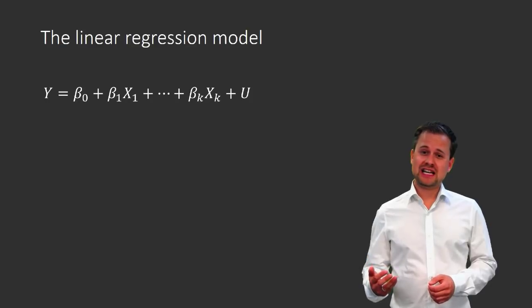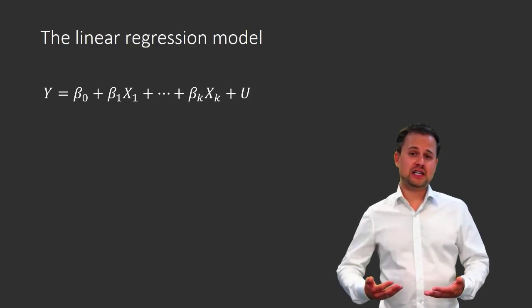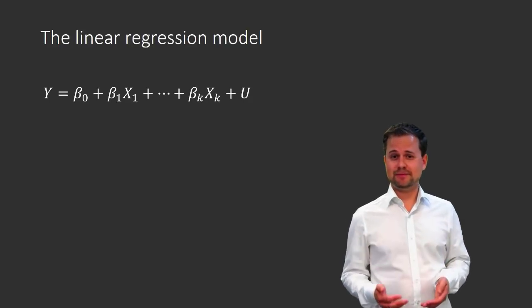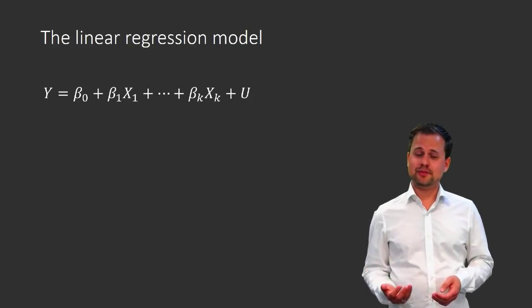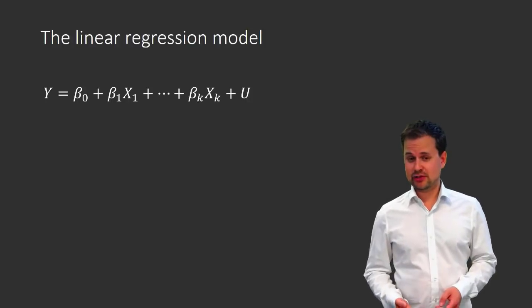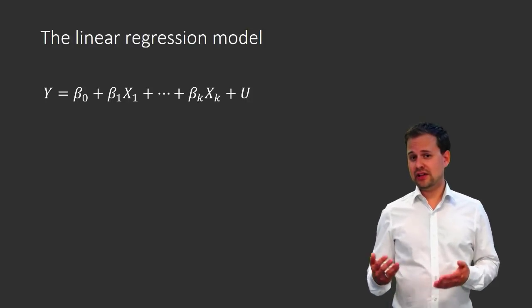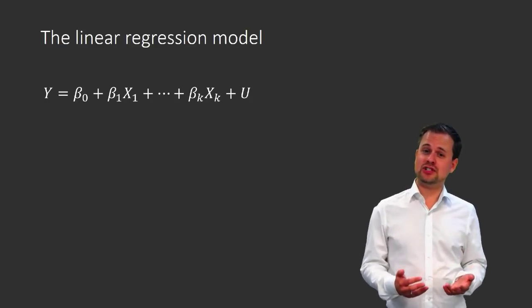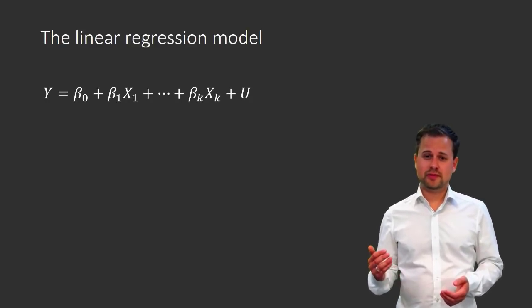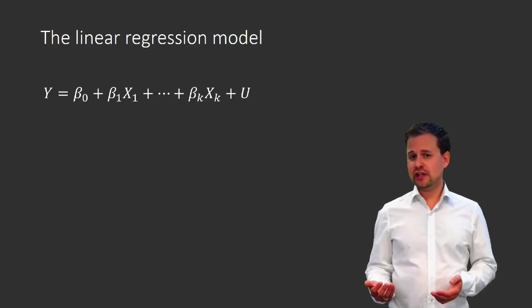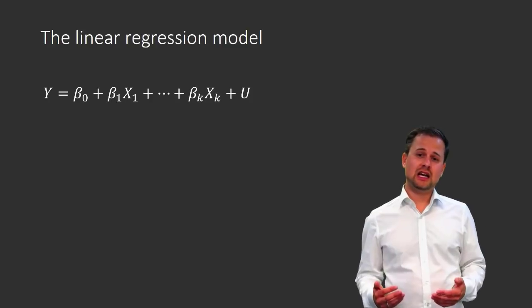So u gives us the combined effect of all unobserved inputs on the production of y. For example, the outcome y could be exam scores on an econometrics exam, and then the regressors could be things like study time, so how many hours did you study, or previous training that you received. And unobserved inputs would, for example, be intrinsic ability.